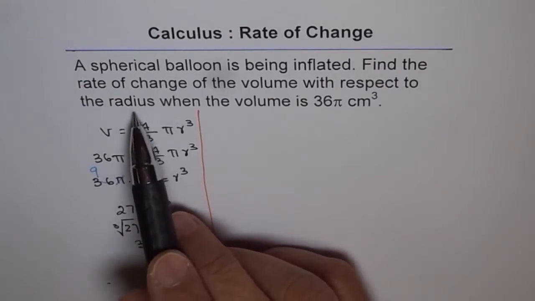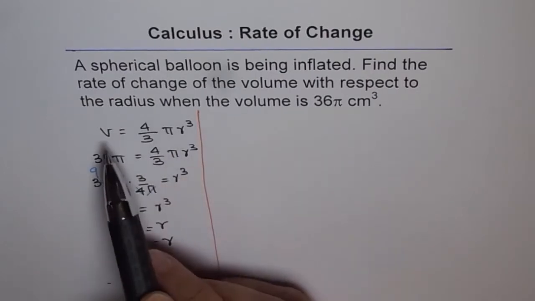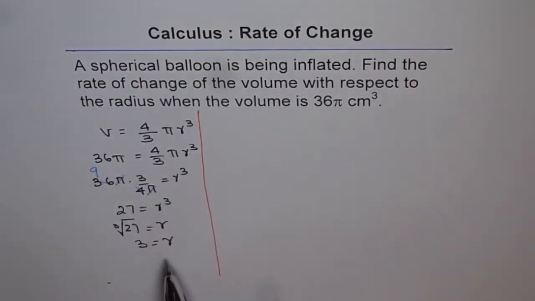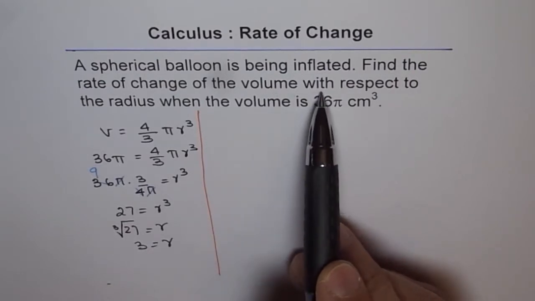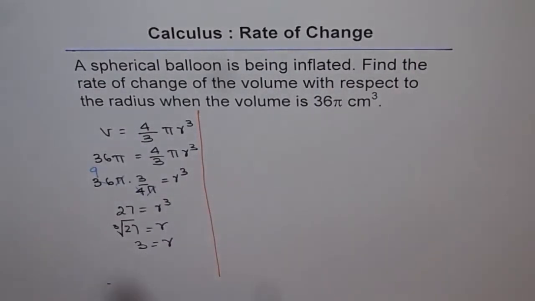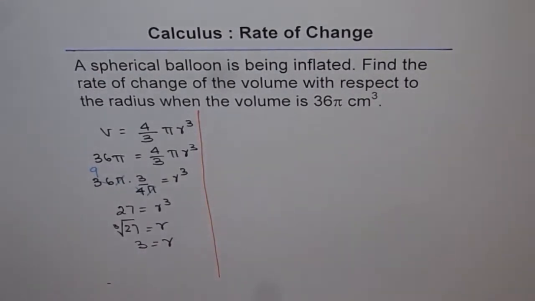To find radius, we have to use the given volume, right? So volume is given to us, which is 36 pi. From here we find radius. Now we know that we need to find rate of change of volume with respect to radius when radius is 3 or the volume is 36 pi. Do you understand? So that is what the question is.